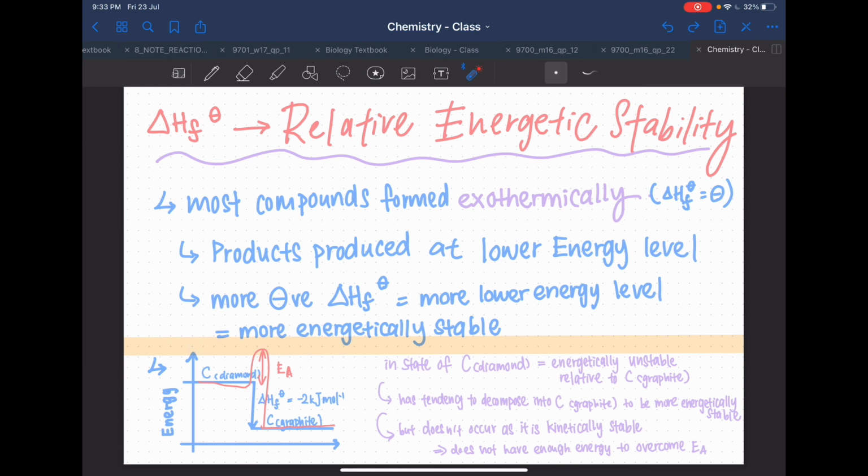So something can be energetically unstable and want to decompose into a more energetically stable state or product, but it may not have enough energy to overcome its high activation energy, as it has a very high kinetic stability.